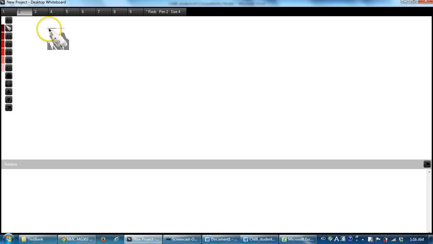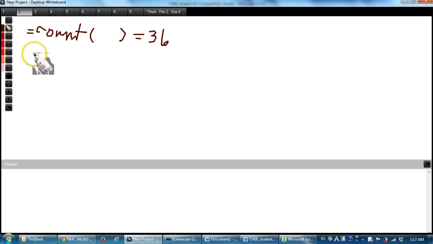I get the sample size by using the count function in Excel. That is 36, and the sample mean I get using average.